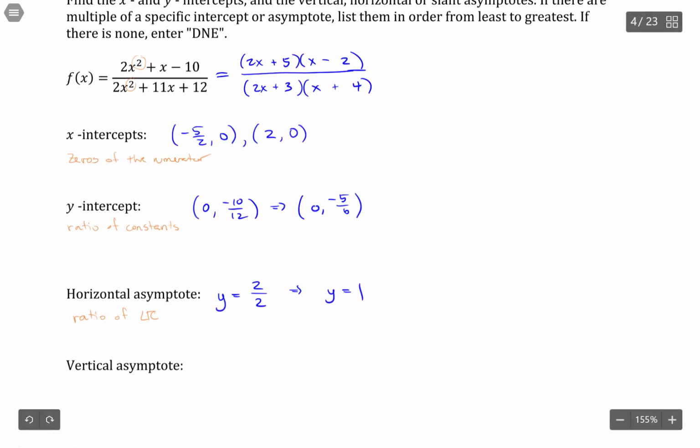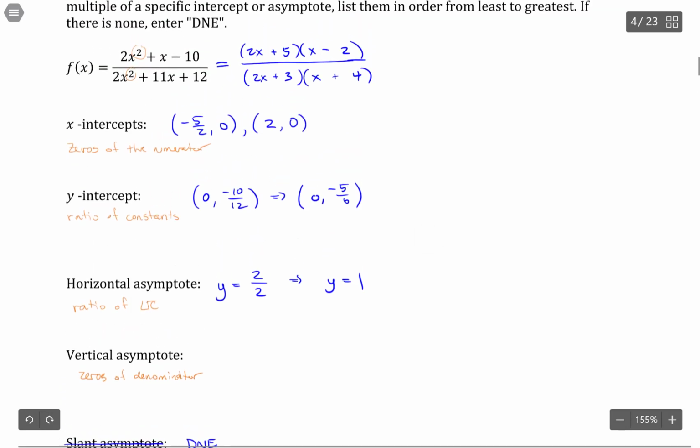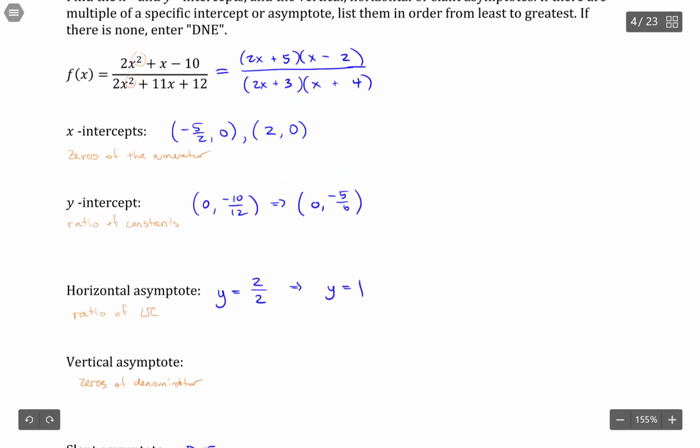Now, vertical asymptotes. Vertical asymptotes occur at the zeros of the denominator. So it's similar to the x-intercepts, but we're just taking the factors in the denominator and setting those to 0 and solving.